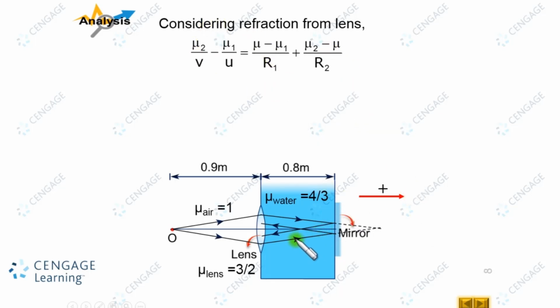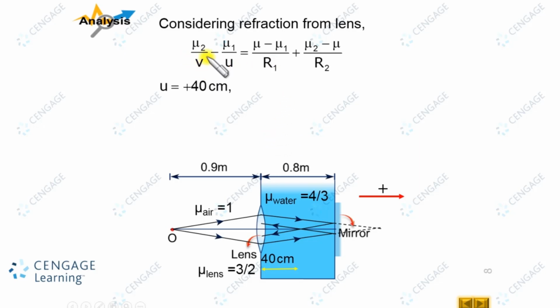But in this case, mu1 should be equal to 4 by 3, mu2 is equal to 1, mu equal to 3 by 2, and we are assuming the positive direction from left to right. That means u should be from here to here. This is 40 centimeter. So here we can write u equal to plus 40, mu1 equal to 4 by 3, mu equal to 3 by 2, mu2 equal to 1, right?